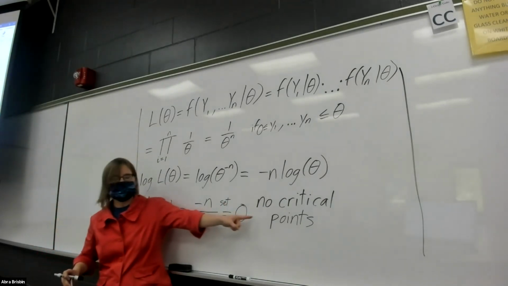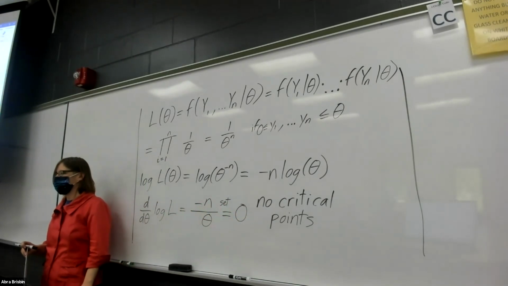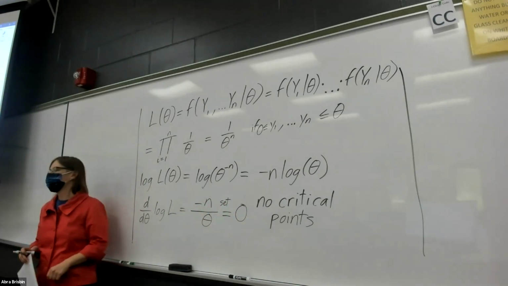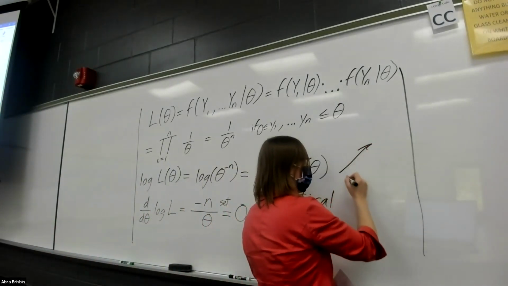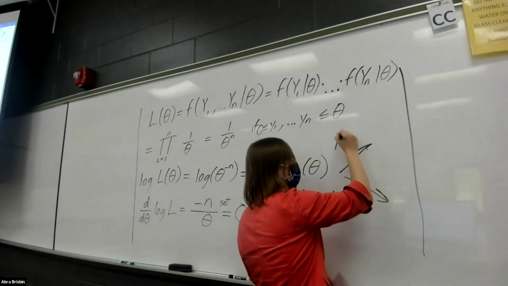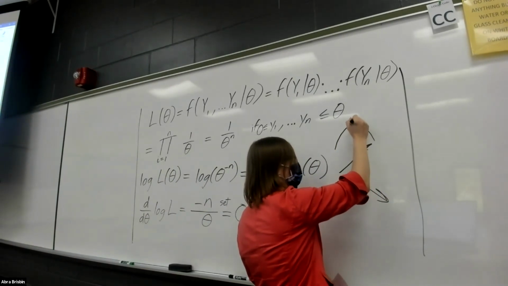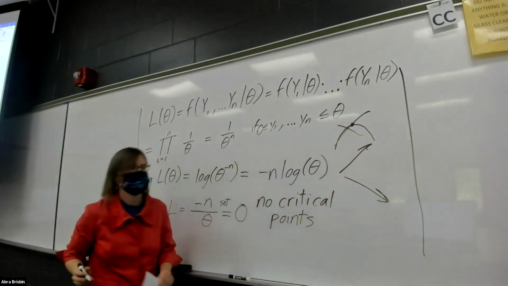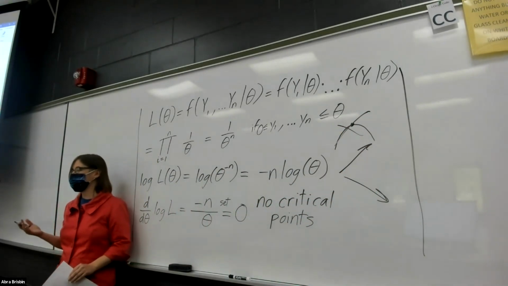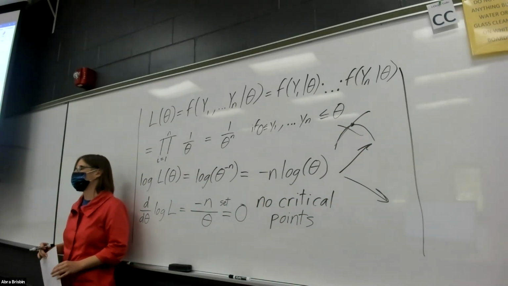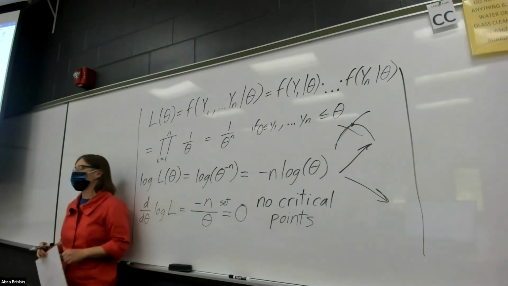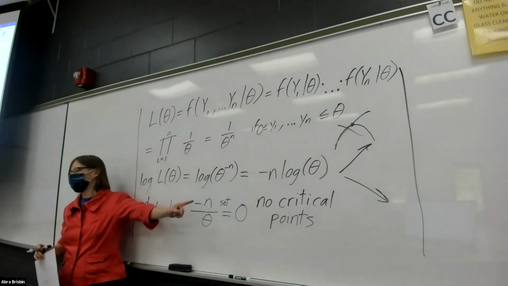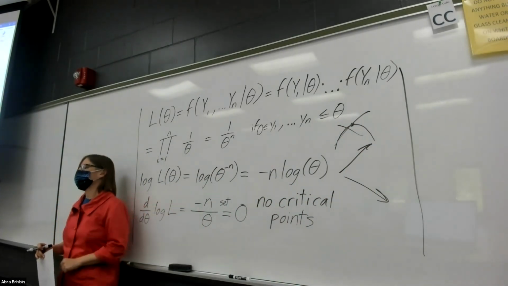So the fact that there are no critical points here means that the log likelihood is either always increasing or always decreasing. So there's no maximum. And if it's always increasing or always decreasing, that means that the maximum has to be at an endpoint. So that's where we'll pick up on Monday, finding which of the endpoints is the maximum. I'll see you then.